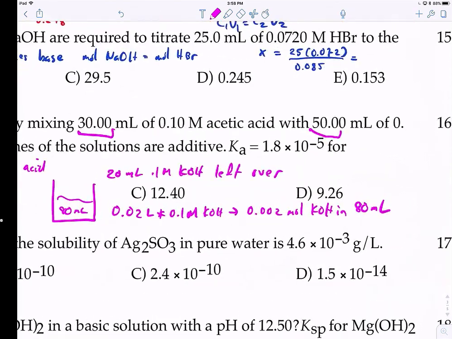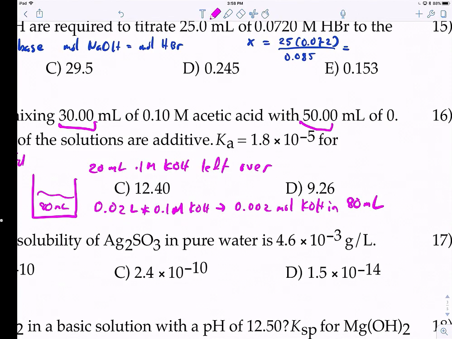So that means the hydroxide ion concentration... is everyone okay with my logic here, that you have 30 milliliters of acetic acid and 50 milliliters of potassium hydroxide?